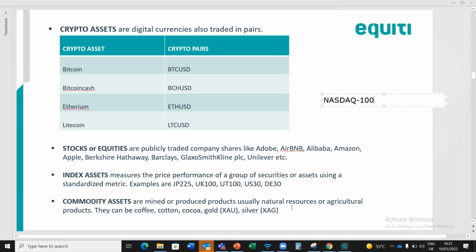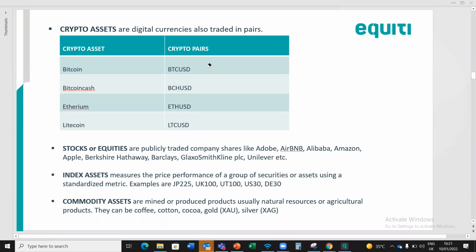So if you want to trade technological companies and the impact they're having on the US economy, then we talk about the Nasdaq 100, which is the US Tech 100.